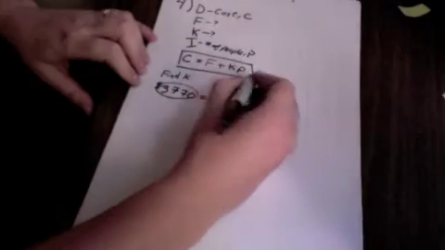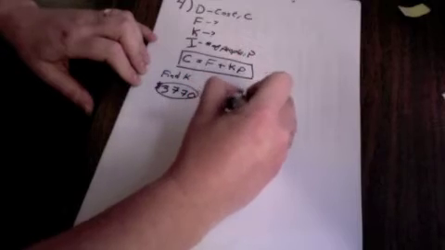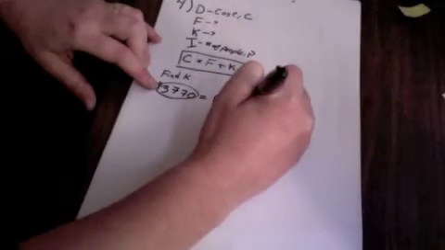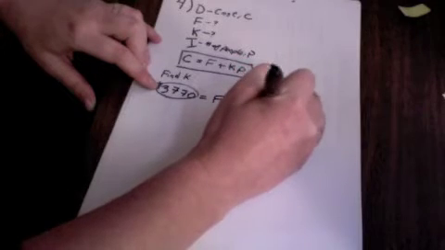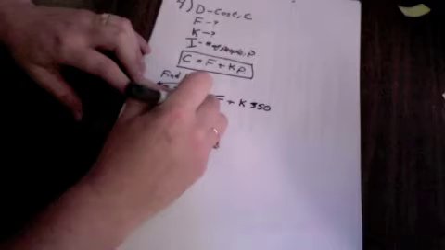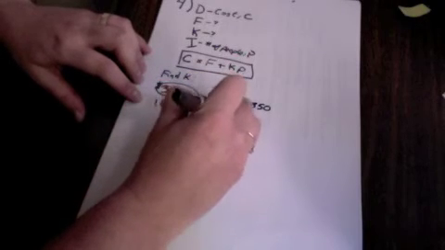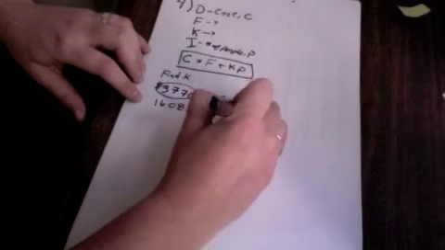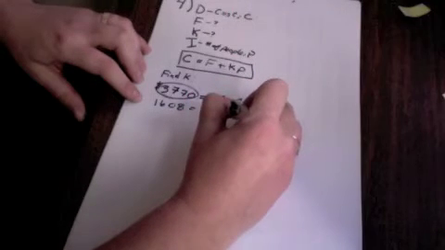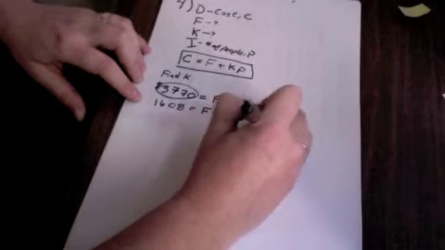$3,770 equals fixed cost plus K, and we know the people attached to this amount. It's 350 people. Same as this one, $1,608 equals F plus K times 120.